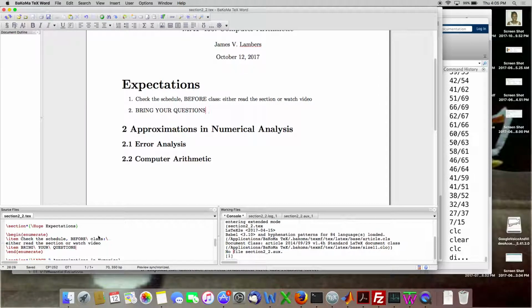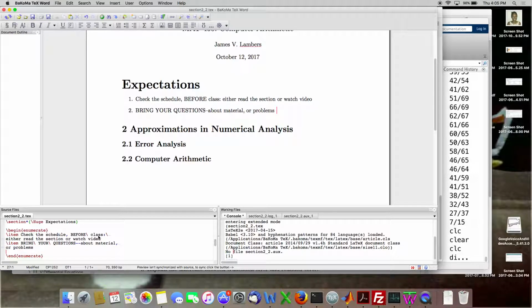So these are things you bring questions about, whether it's about the material itself or problems, doesn't matter. Either one can be useful. And this is a particularly important one.